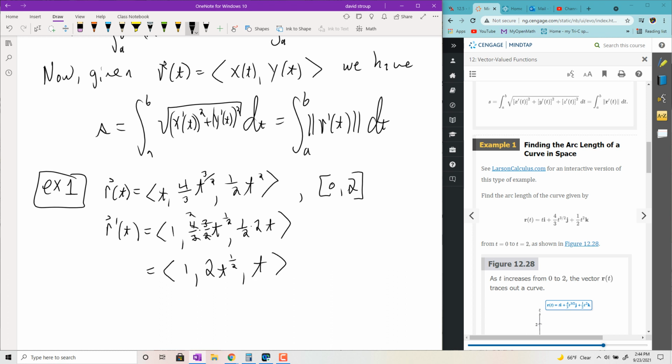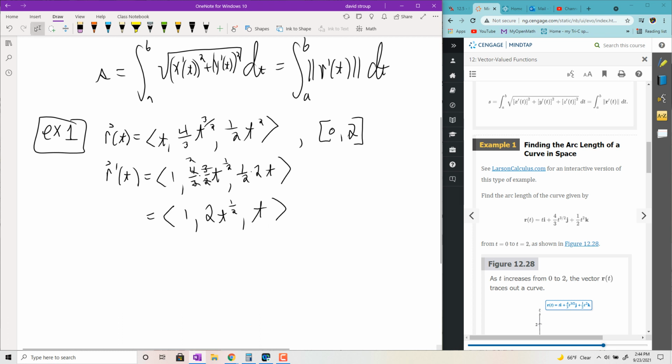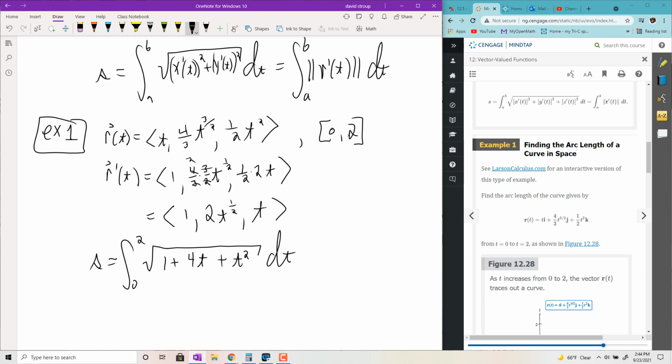For our arc length, I'm going to write s. That's my cursive s, in case you've never seen one. The integral from 0 to 2 of the square root of those components squared. So 1 plus 4t, squaring that second component, plus t squared dt.